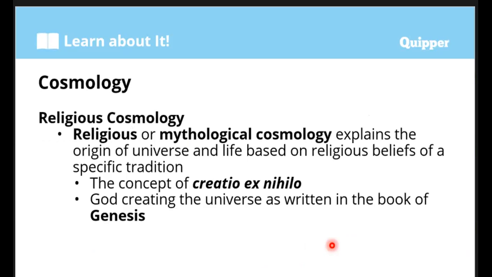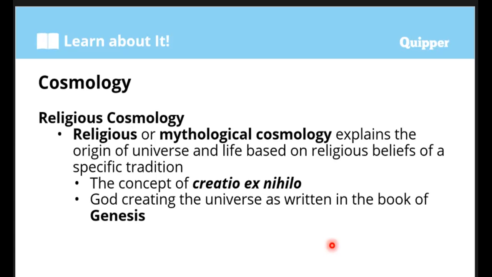Religious cosmology explains the origin of the universe and life based on the religious beliefs of a specific tradition. The concept of creation ex nihilo, or God creating the universe, is written in the book of Genesis.